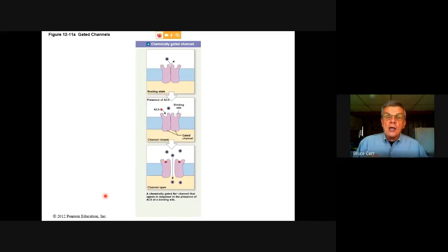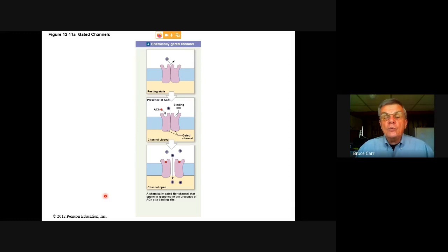There are those like this illustration. This would be exactly, in fact, what's being illustrated here is a neurotransmitter-like reaction. You'll notice that in the top illustration, that resting state, the two protein pieces are slammed shut and the ion is bouncing off.